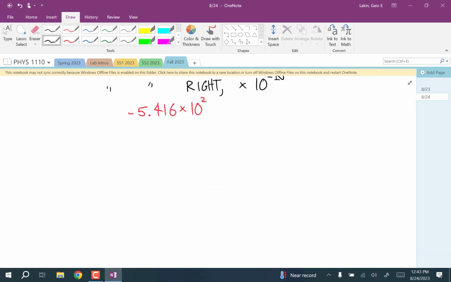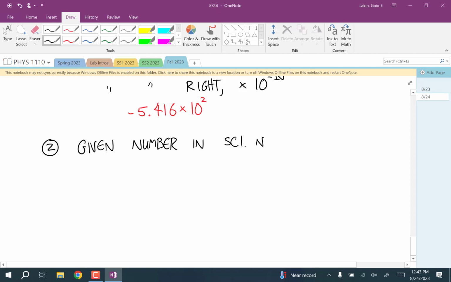Okay, the second thing you have to be able to do is if you're given a number in scientific notation, you have to be able to write it in standard notation, or express it in standard notation.